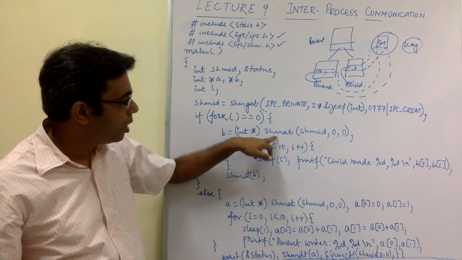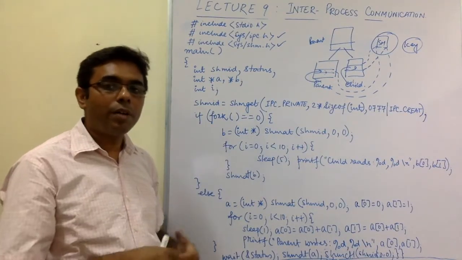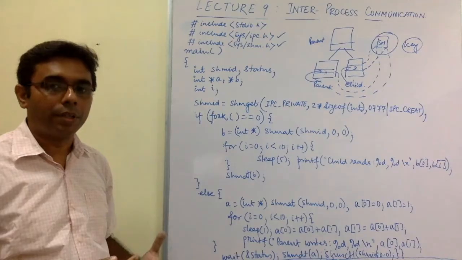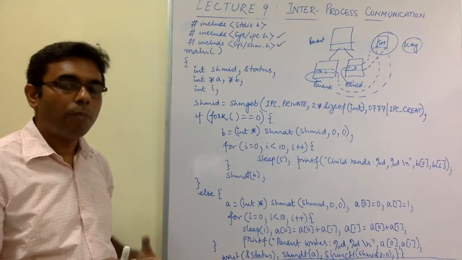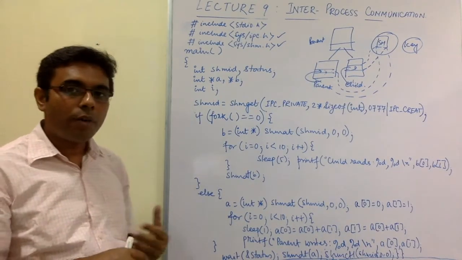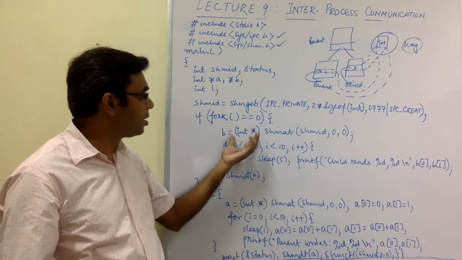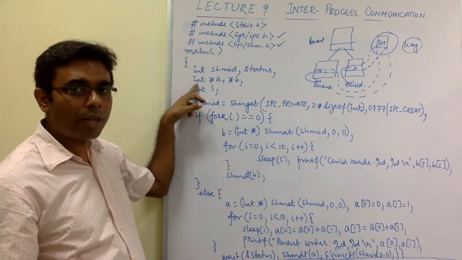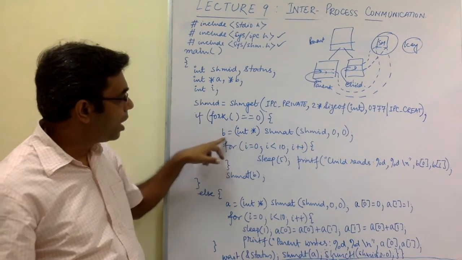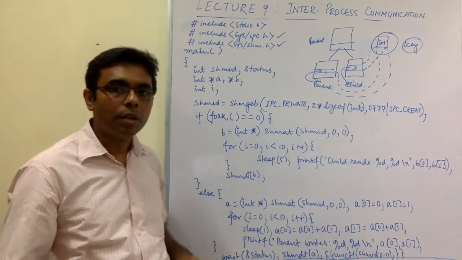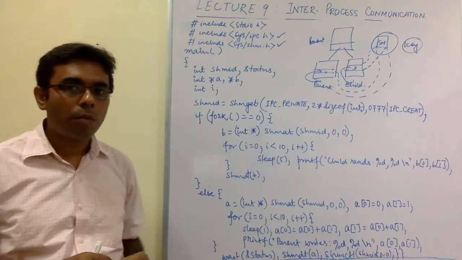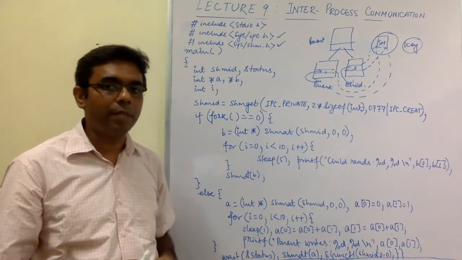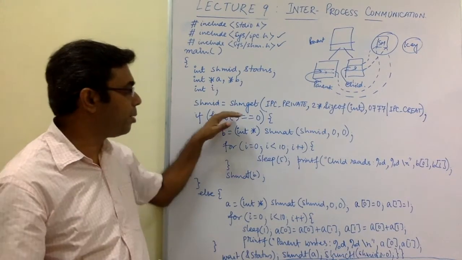That is done through shmat, and what it returns is a character pointer. Okay. So in order to convert it into an integer, we typecast it, because B is a pointer to type integer, so we typecast it and we store it in B. So B now is pointing to the corresponding segment that has been attached to the child process.